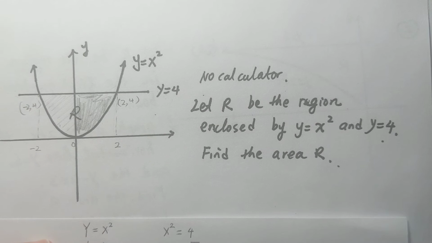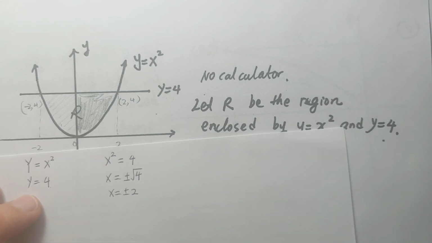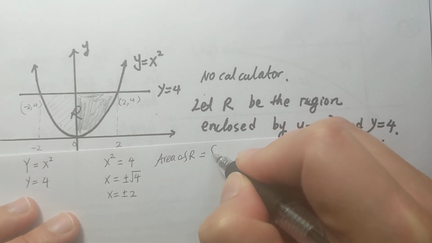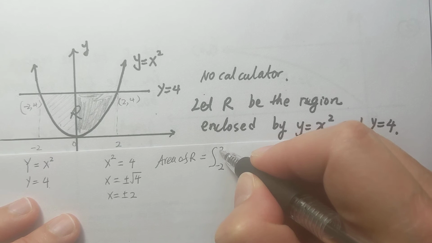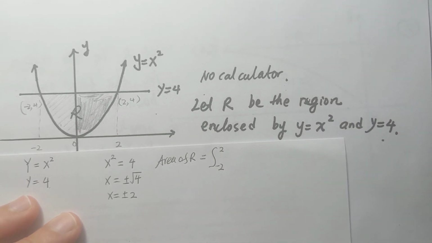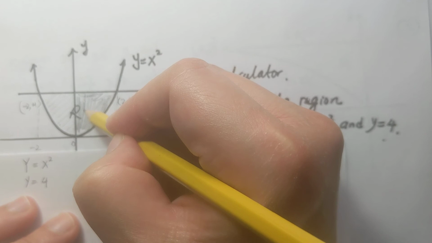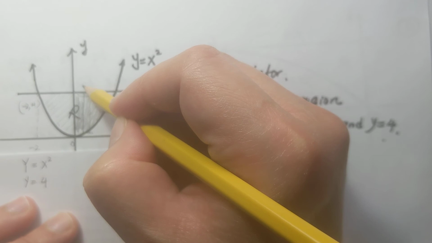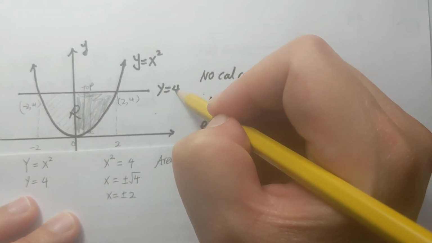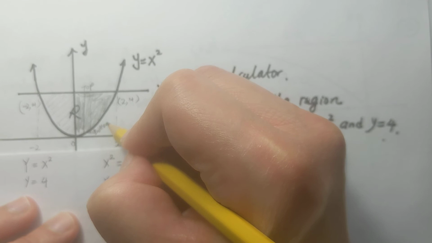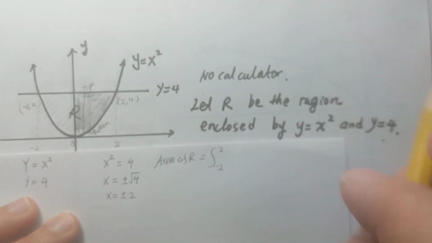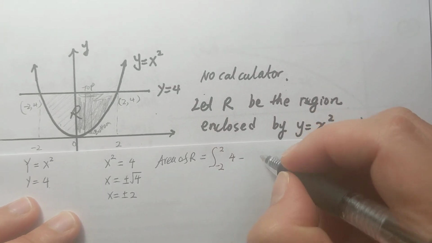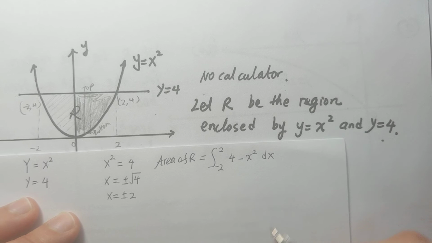So now we are going to say that the area of R equal to the integral from -2 to 2. And then if you draw a rectangle anywhere in the region, the top function is going to be y equal 4, and the bottom is going to be y equal x squared. So we're going to do top minus bottom, so it will be 4 minus x squared dx.